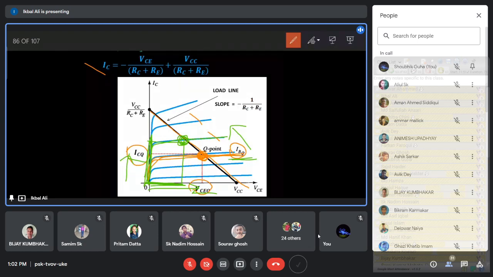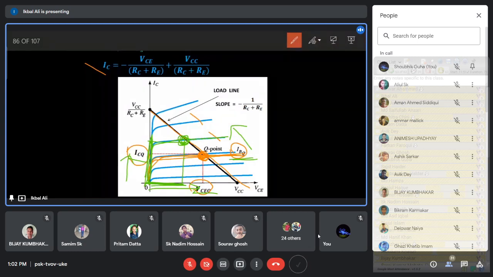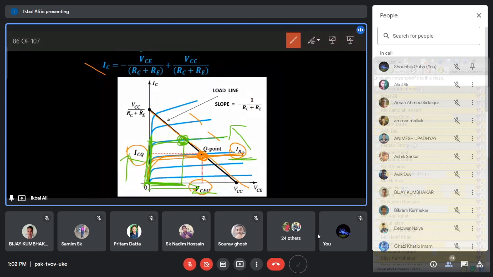That is why you represent the KVL equation as a straight line graph, and the intersection gives you the solution. So the graphical method is utilized in the case of a highly nonlinear device. A truly mathematical solution is not a very good one, and ultimately you cannot solve a mathematical equation containing a highly nonlinear device like a semiconductor. That is why the load line and Q point concept appears in semiconductor devices.